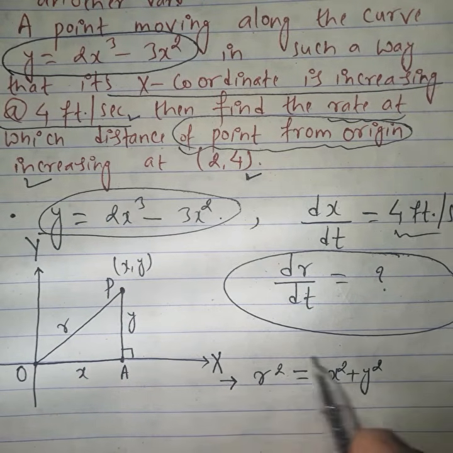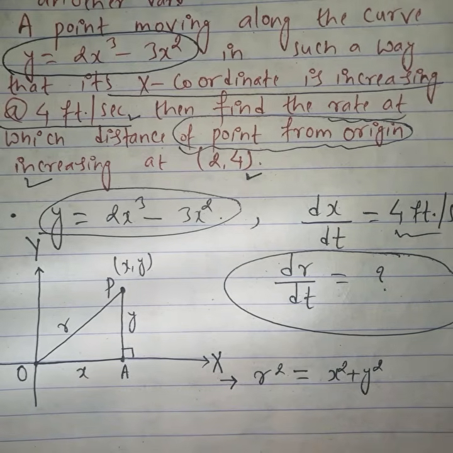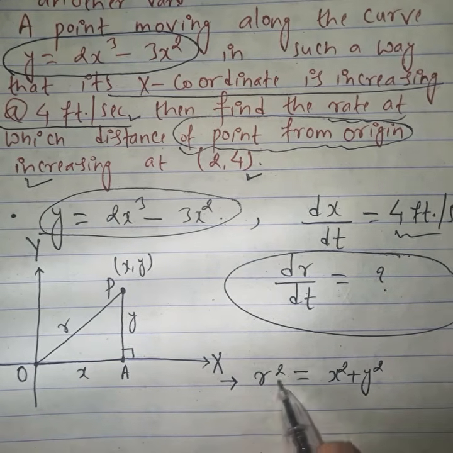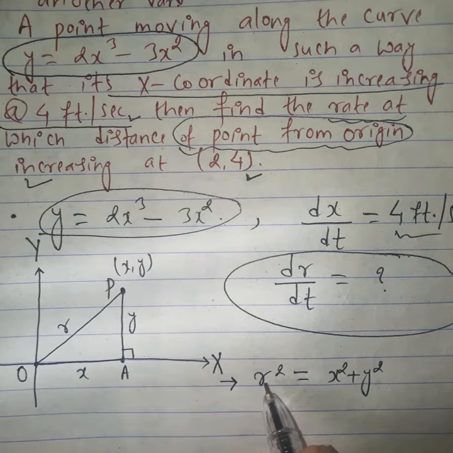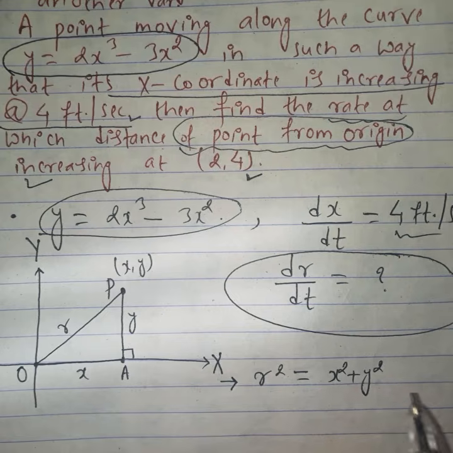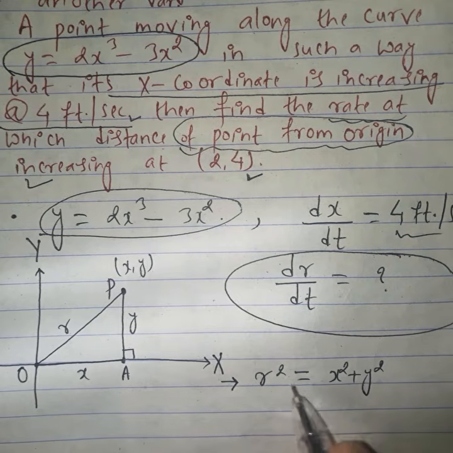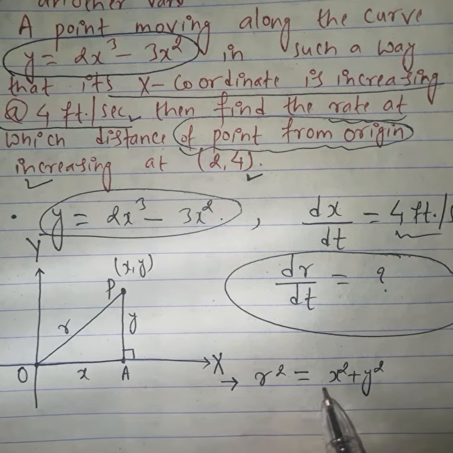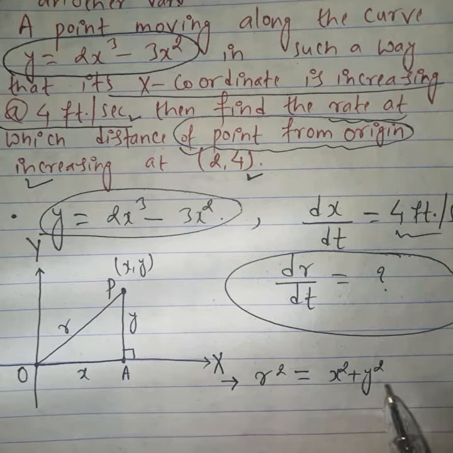It is applicable for every point on the curve. So the relation is: the square of the distance from the origin to that point equals the sum of the squares of the x coordinate and the y coordinate. It is the relation between r, x and y.